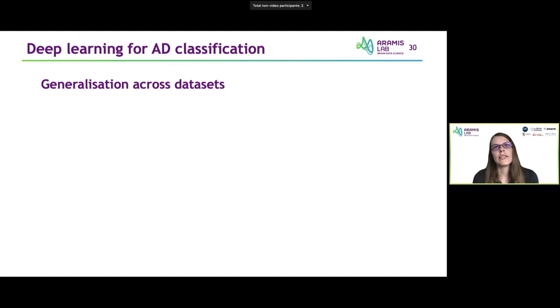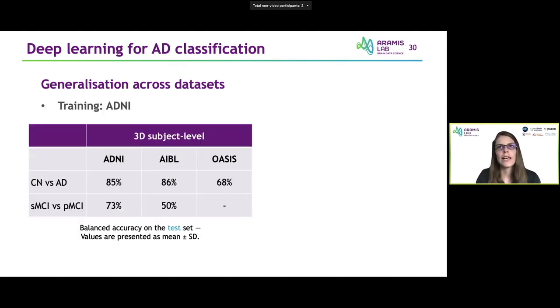We also studied the generalization across datasets in the context of deep learning. We trained a 3D subject-level CNN on ADNI and tested it on independent ADNI, AIBL, and OASIS datasets. Overall, the model generalized well to ADNI for both the CN versus AD and stable versus progressive MCI tasks, and to AIBL only for the CN versus AD task.